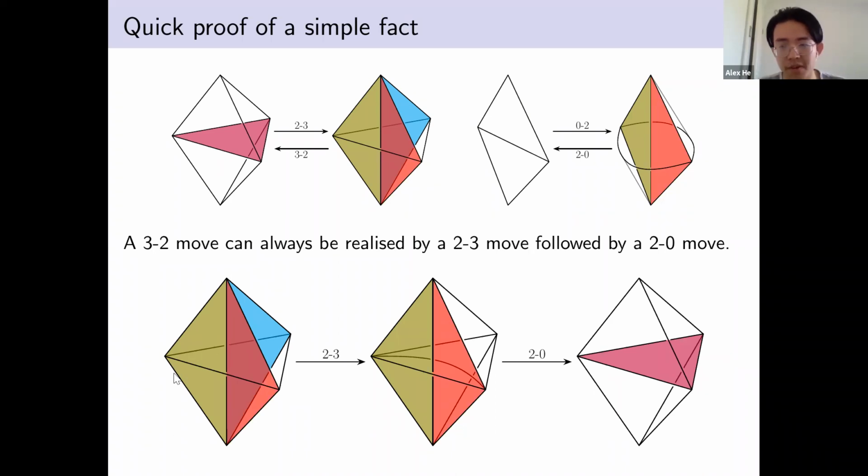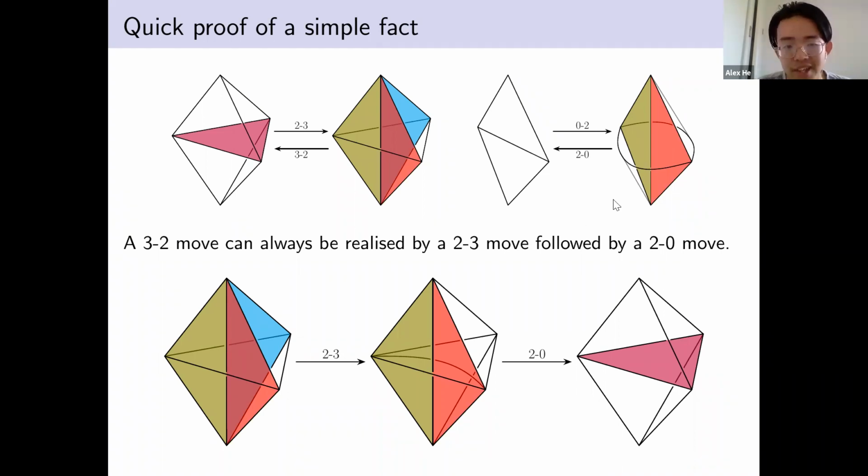So the first triangulation here is triangulation A, and you can do a 3-2 move, and that gives you triangulation B. I claim that you can do this by a 2-3 followed by a 2-0. The 2-3 move looks like this.